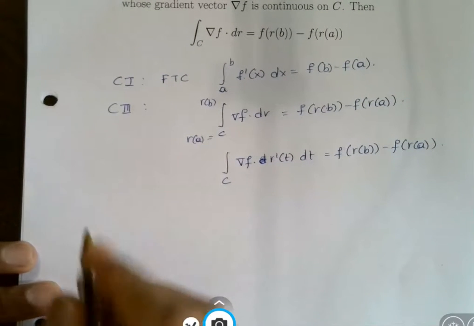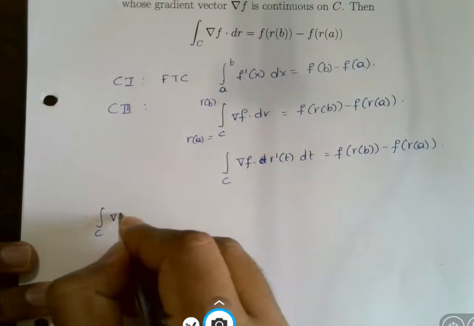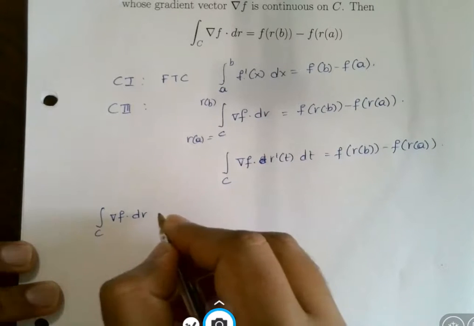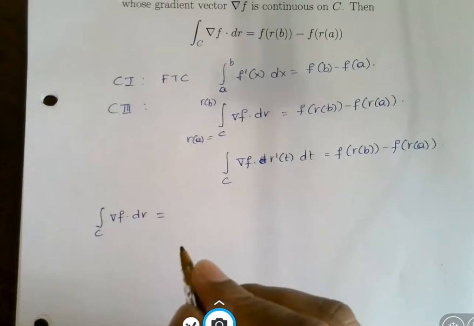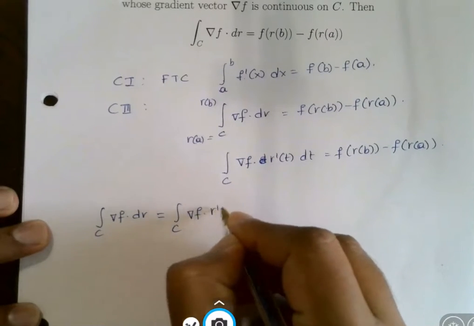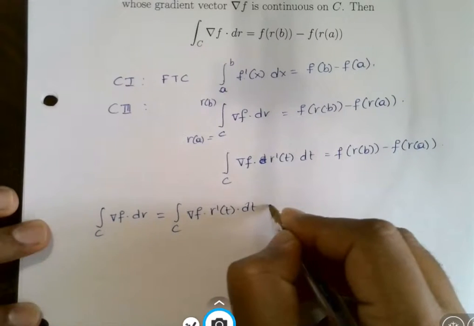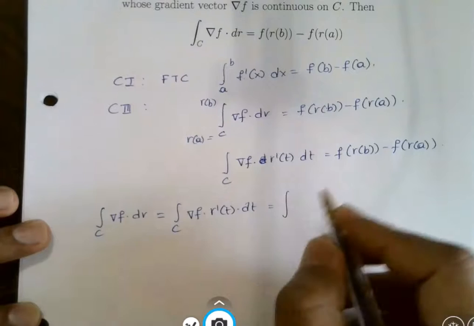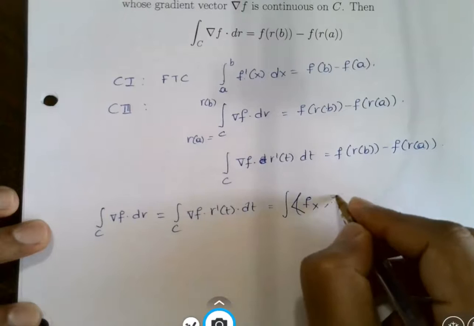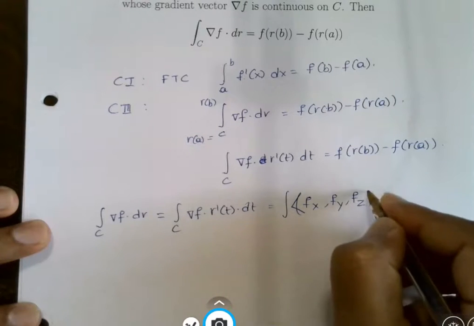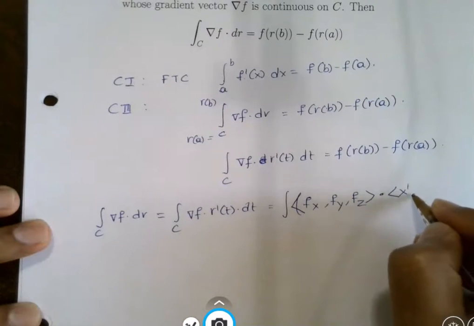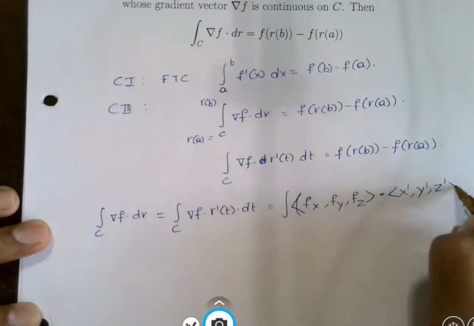If you have the integral over C of gradient f dot dr, which is going to be the integral over C of gradient of f dot r prime of t dt. The gradient is a vector, so you get fx, fy, fz. I'm considering a function of three variables, and r prime is going to be x prime, y prime, z prime, dot dt.